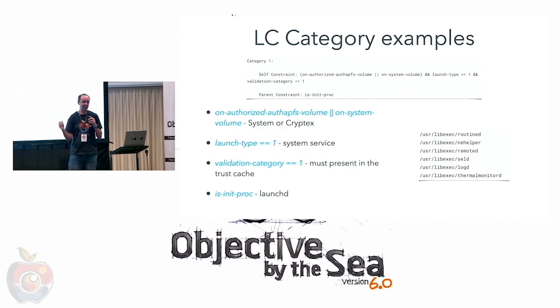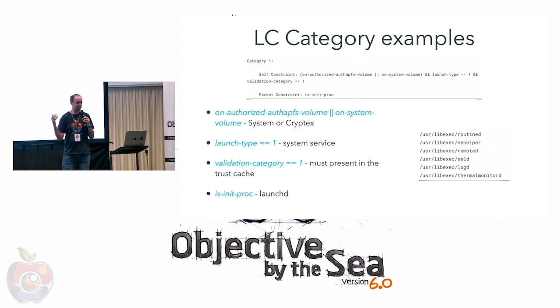result in that a process or application which is assigned to this category can only be started by launchd, so you cannot spawn it. It must reside on a system volume or on a trusted place, so if you copy it out, it will not run.